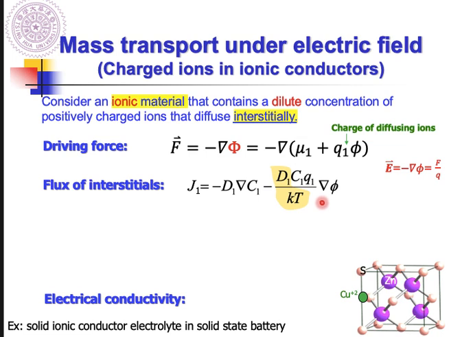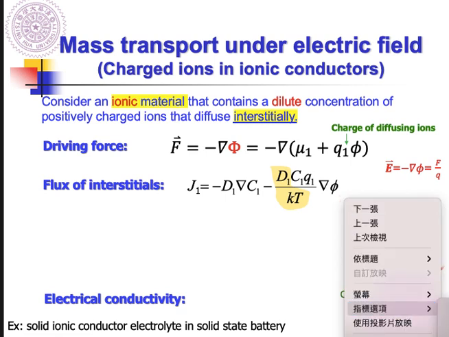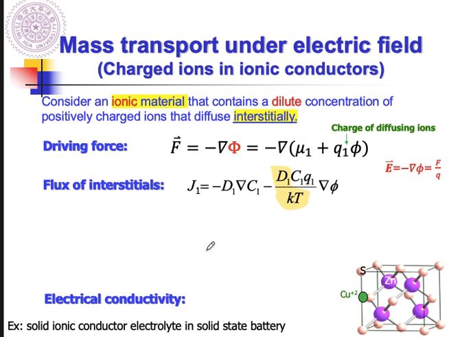Based on the previous slide, we know that you should write down the flux of interstitials, and also you need to write down the current density. If you write down the current density part, it will obey Ohm's law, like this, with the potential gradient.